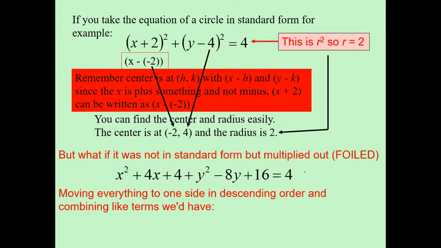Moving everything to one side in descending order and combining like terms, the 4s would cancel, and we would get a 16 as the only number left. If you put it in descending order, you get x squared plus y squared plus 4x minus 8y plus 16 all equals 0.